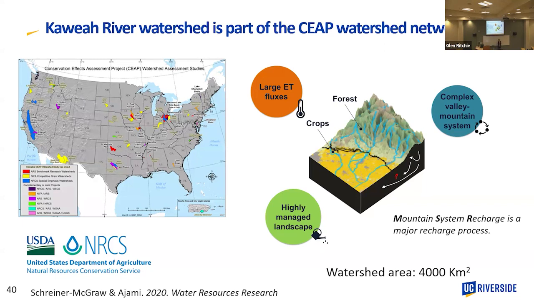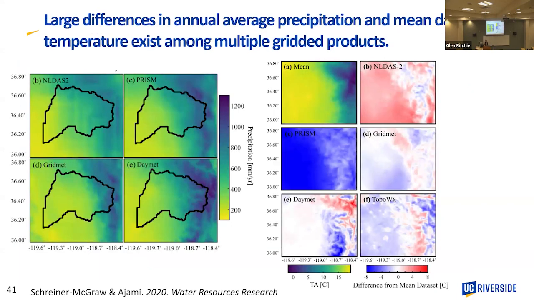But in order to have a better management strategy, we need to better understand hydrologic systems in this region. So I got some funding from NSF as part of my NSF CAREER to look at the upland area, and NRCS is funding the valley aquifers so we could better understand these systems.